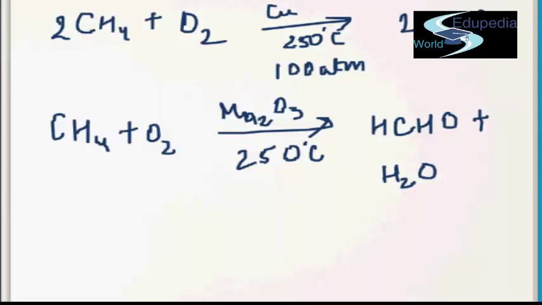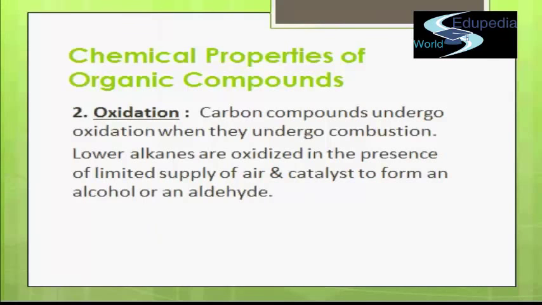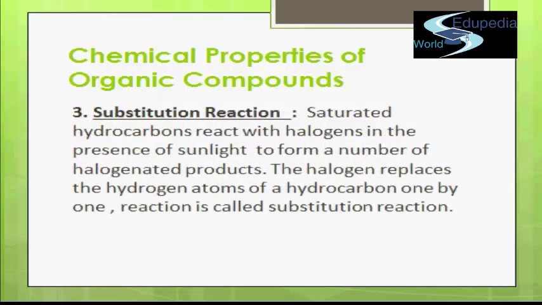Now let us discuss the next property, which is substitution reaction. The chemical reactions of saturated hydrocarbons are characterized by their inertness towards acids, alkalis, oxidizing agents and reducing agents.